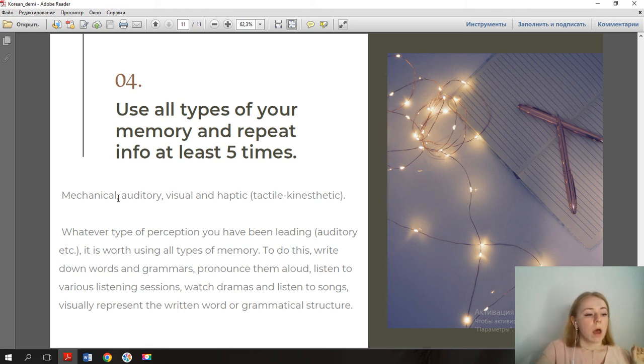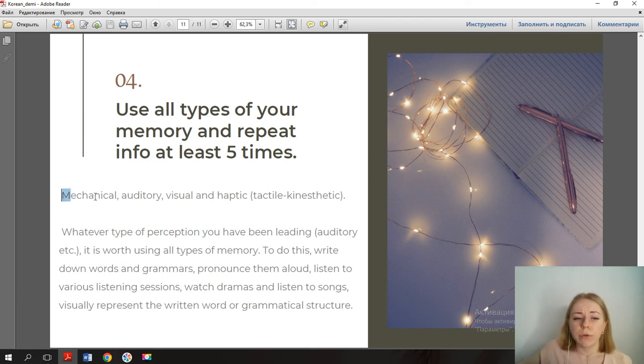For example, I have written the word. I'm studying it. I see this word. Also, I can use auditory memory. I can repeat this word. For example, "note". Note means la la la. And what can you do then? You can also use mechanical.